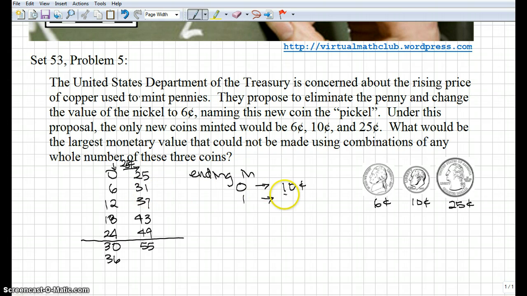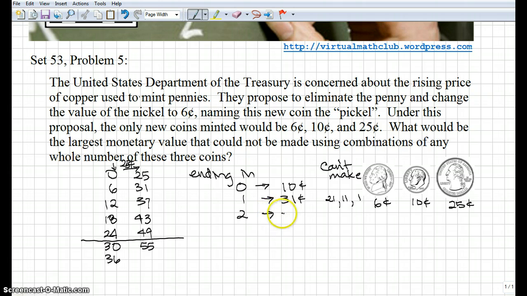Which means, let me make another column in this table, we can't make 21, we can't make 11, we can't make 1. So we can't make any of these numbers ending in 1, but the first one we can make is 31 cents.